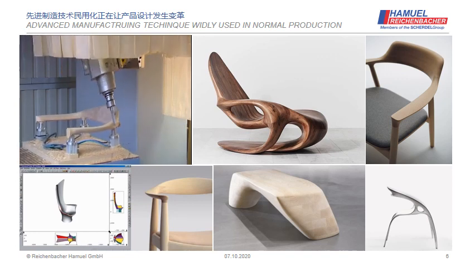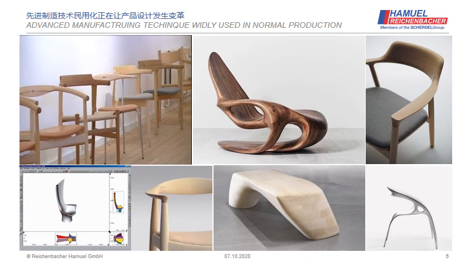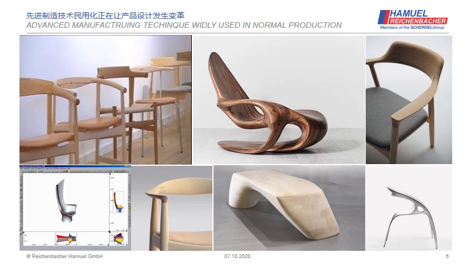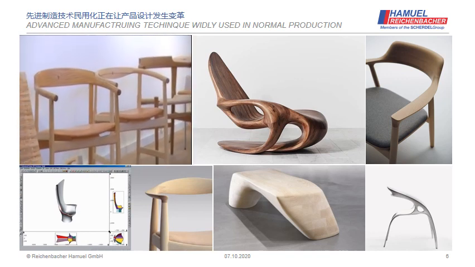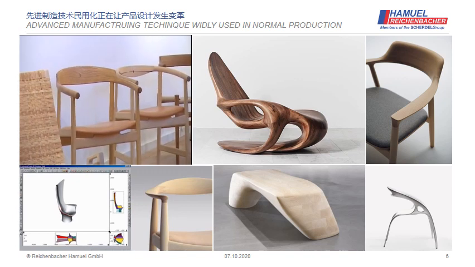And you see with this 5-axis machine, they can get a very smooth and high quality surface for this kind of chair. Because before, without this technique, the chair was always sharp, and it's not easy to machine a very complex surface.